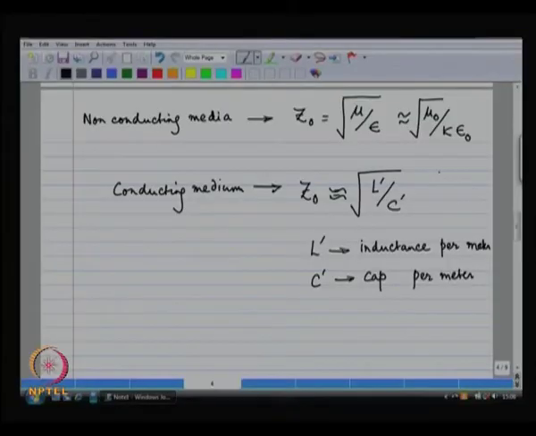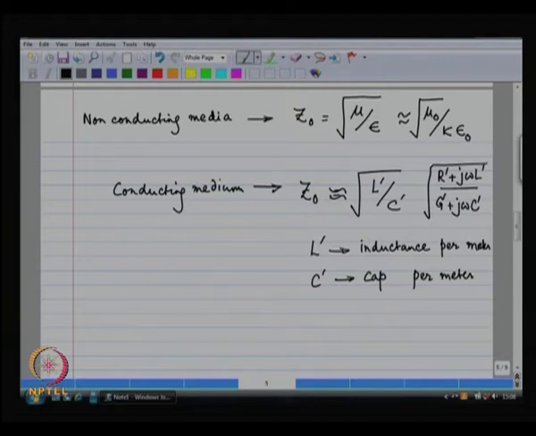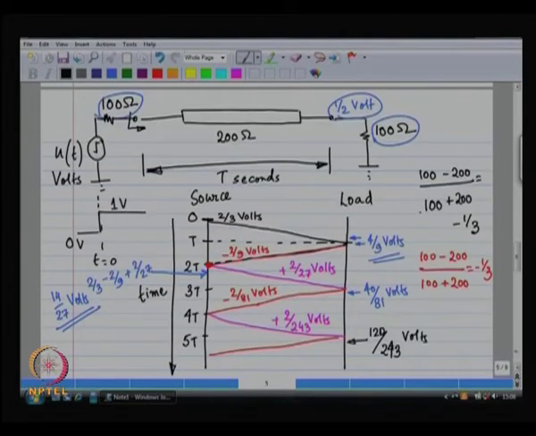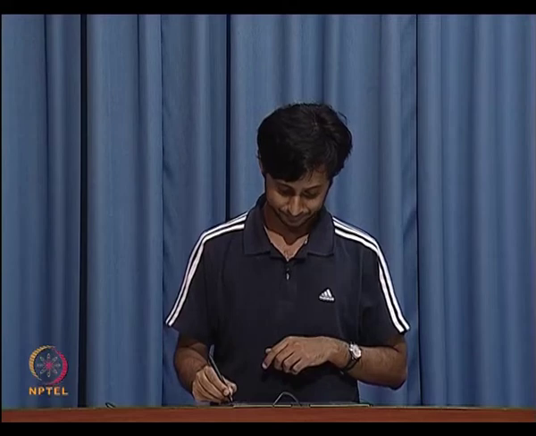It actually becomes the square root of (R prime plus j omega L prime) by (G prime plus j omega C prime). This is actually the correct formula, accounting for all the losses, etc. Does not matter for us. We can incorporate the losses by assuming a certain number of dB degradation as the wave progresses over the medium.